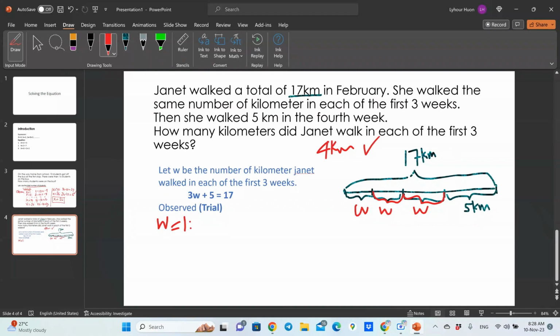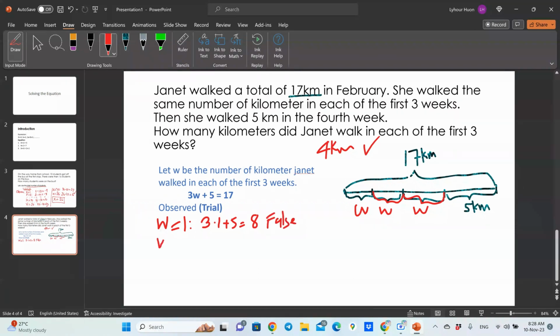When w equal to 1, we replace w by 1, so 3 times 1 plus 5, which is equal to 8. That is not correct, so we don't take it.